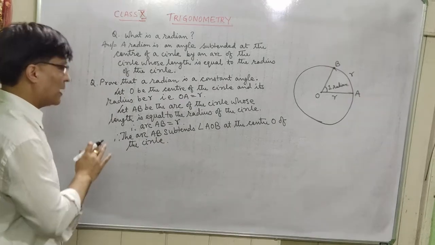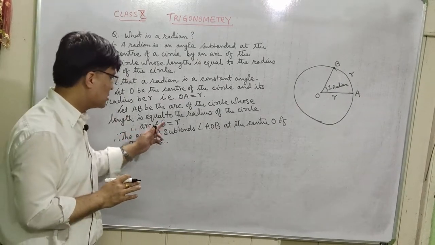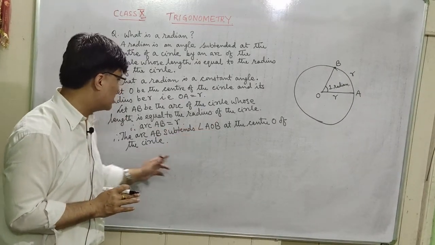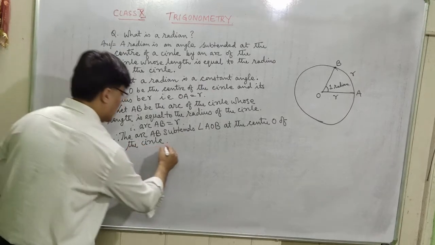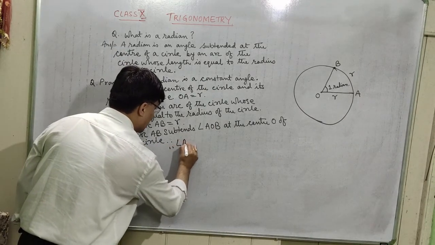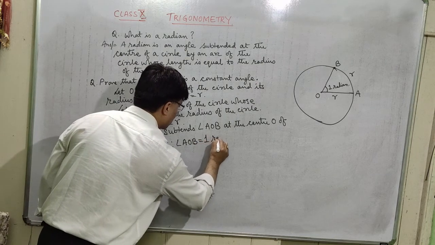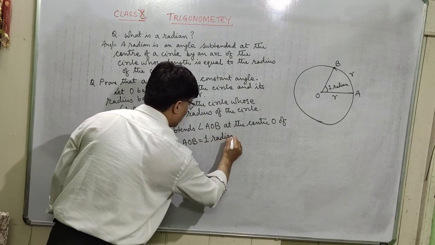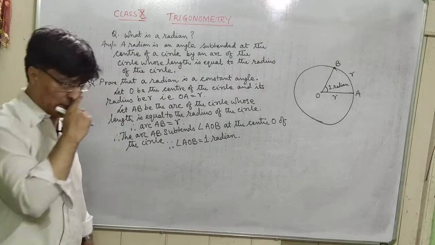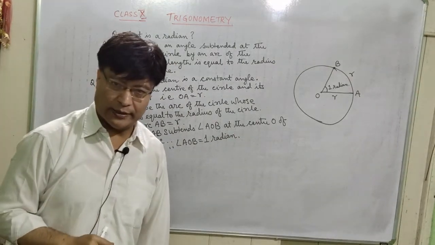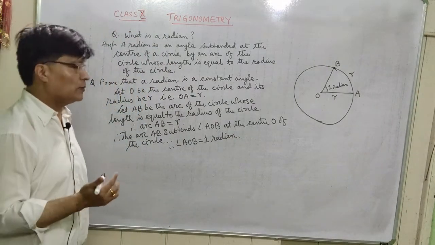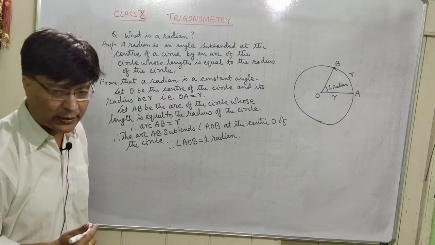Therefore, the arc AB subtends angle AOB at the center O of the circle. So here this angle AOB is equal to 1 radian. So here angle AOB is defined as what? 1 radian. So I think you have understood it.